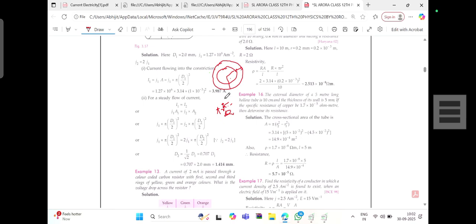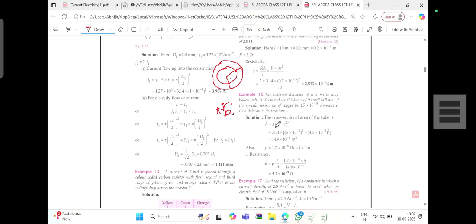If I deduct the area of the inner surface from the outer surface, then we will get the area between these two surfaces, and this area is needed for this problem, because the current flows between this portion of the tube.